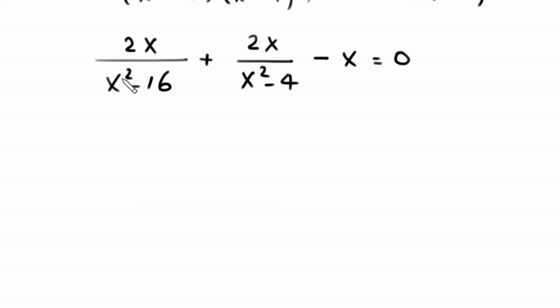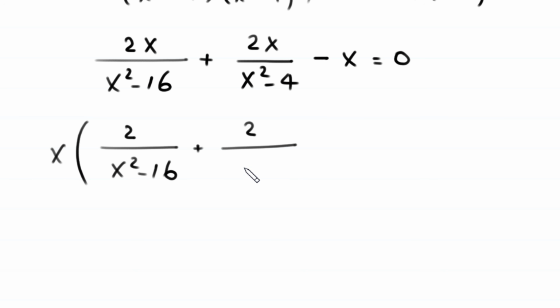Now we can factor out x from these three terms. This will become x times (2 divided by x squared minus 16 plus 2 divided by x squared minus 4 minus 1) equal to 0.